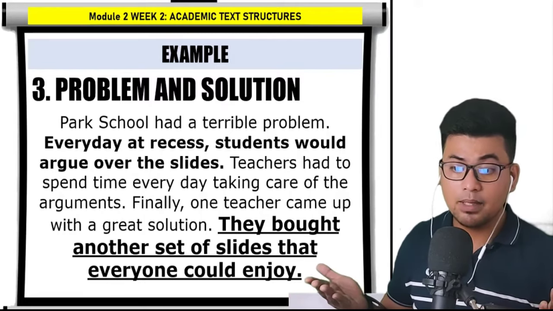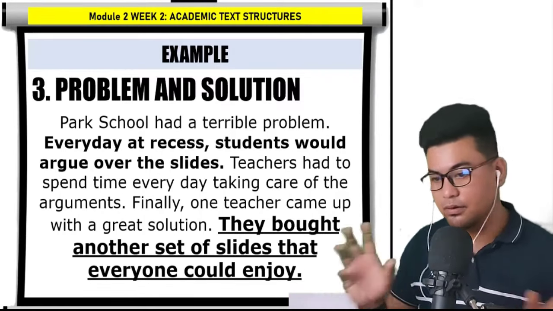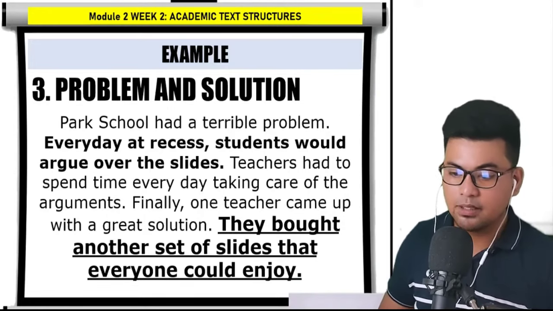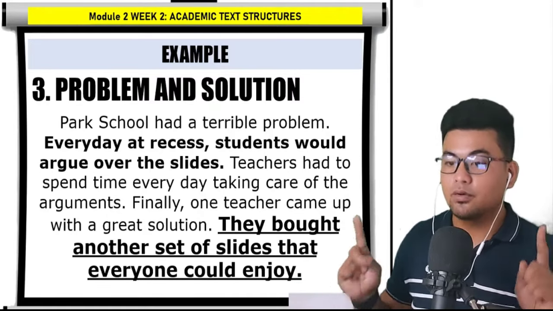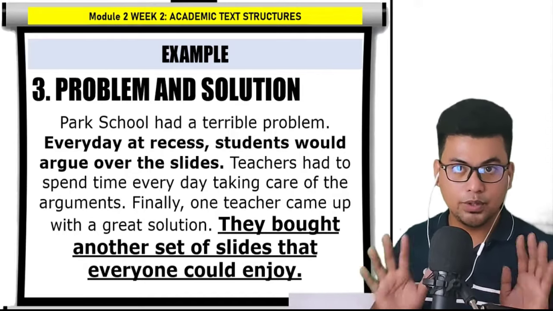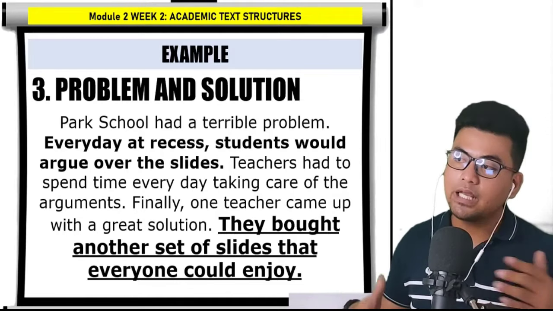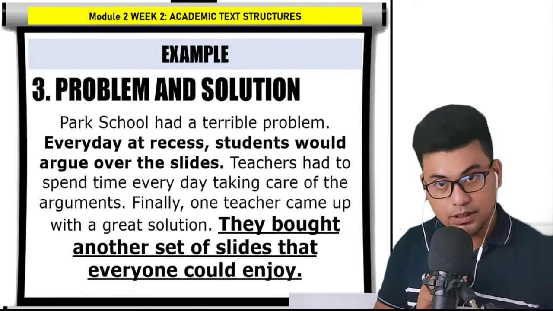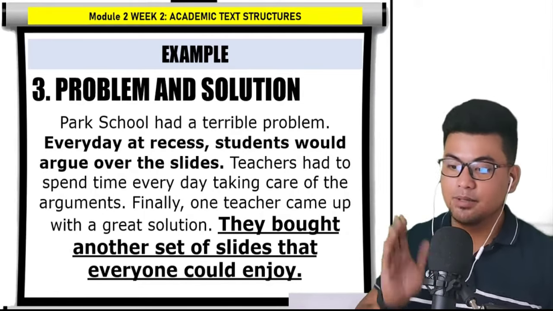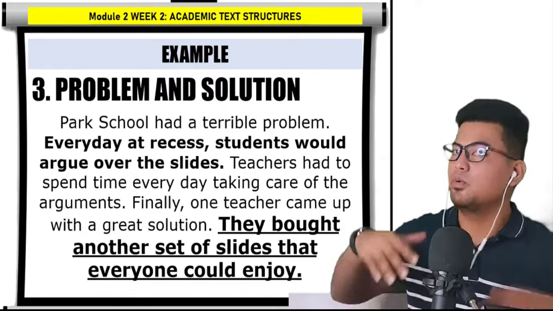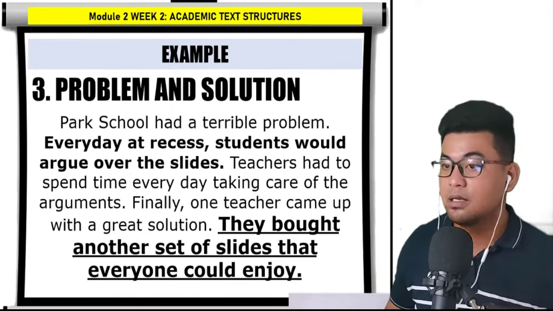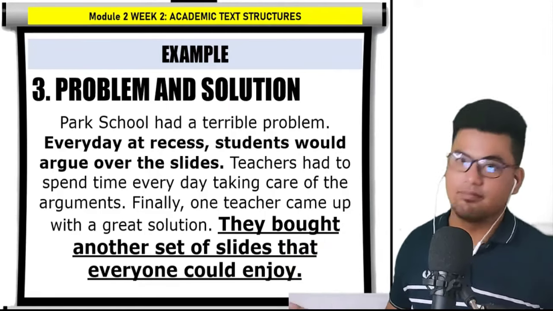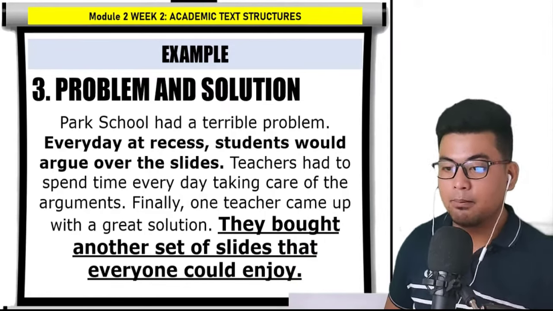So every day students would argue over the slide. So because there's only few slides there. So what the school did, in order for the students not to argue with the slides anymore, so they could share more with one another, what the school did is they bought another set of slides that everyone could enjoy. More slides. Few slides, the solution, more slides. That's very simple. This is a common problem and solution text structure.